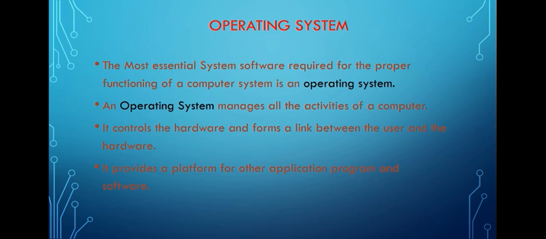So operating system is a platform that helps other softwares also to be installed and work on the computer. So if you don't have an operating system, other softwares will also not work. So in order to use any software or games, you need first an operating system to be installed in your computer.